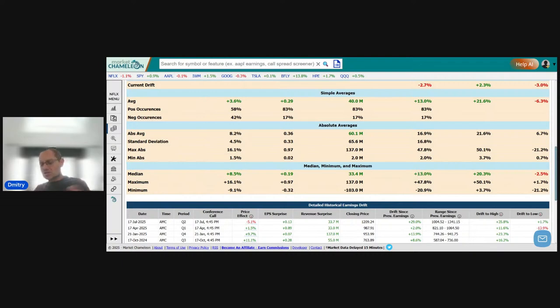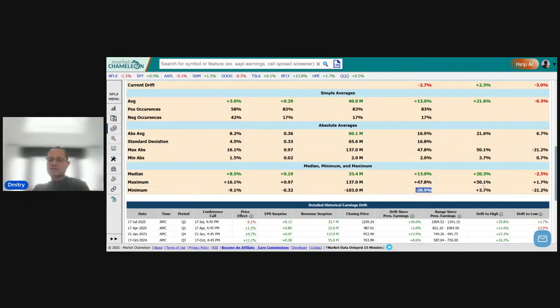So we could see that it wasn't just one big outlier pulling all our data up, that it does tend to have a positive skew. Okay, so it tends to have a positive skew in between earnings based on those historical data points.